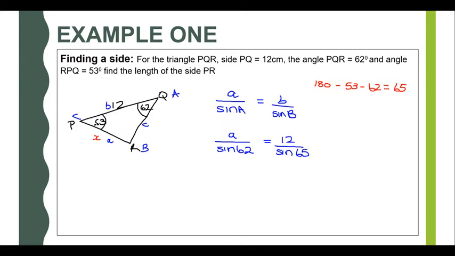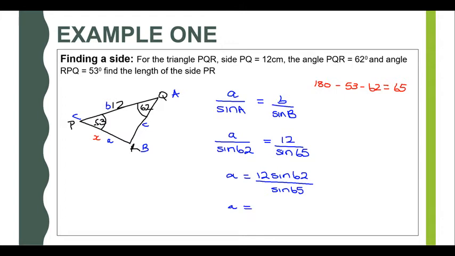And we can rearrange this to find A. So A is equal to 12 sine 62 over sine 65, which we can use our calculator to find.